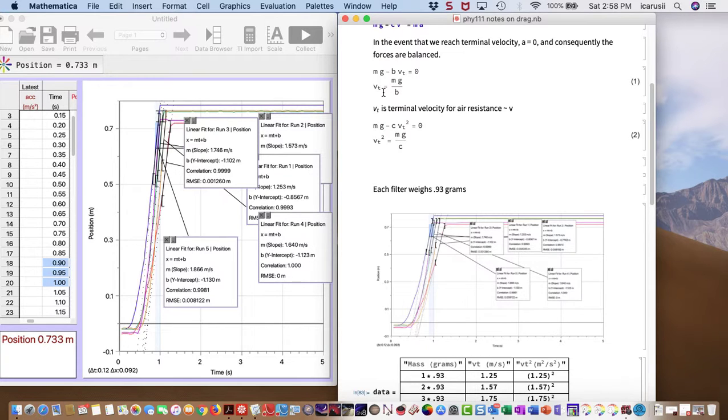We had two models, that the air resistance is linearly proportional to the velocity, or that the air resistance is proportional to the square of the velocity.